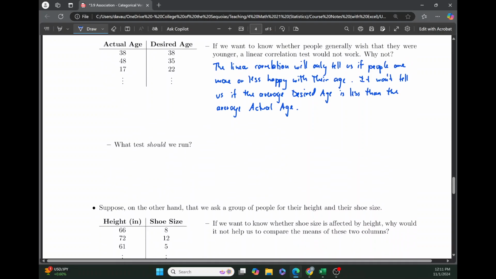So we should run a 2-sample t-test, right? Specifically, we would want to know if the mean of actual age is equal to the mean of desired age, or if the mean actual age is perhaps greater than the mean desired age, because we want to know if the mean desired age is less than the actual age. So that's the test that we should run.